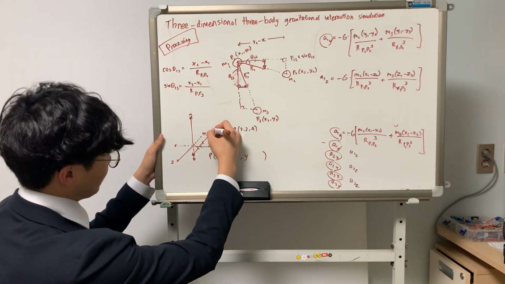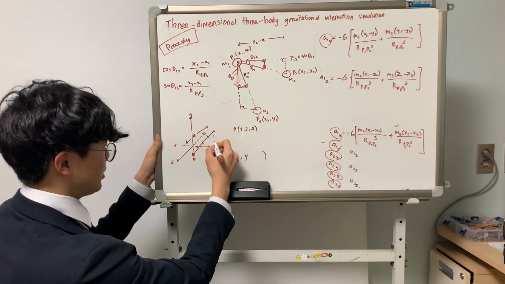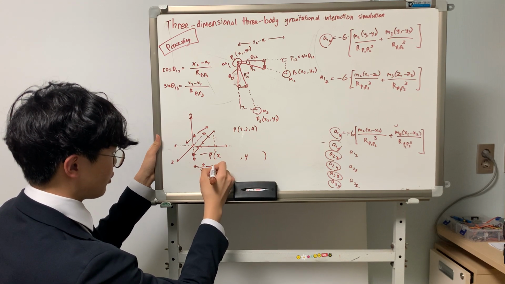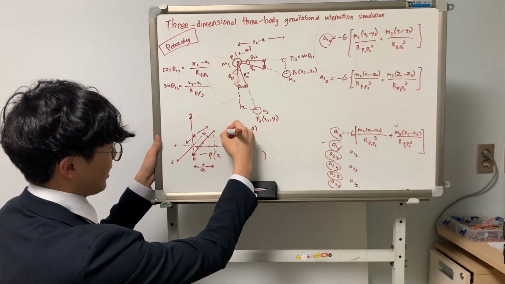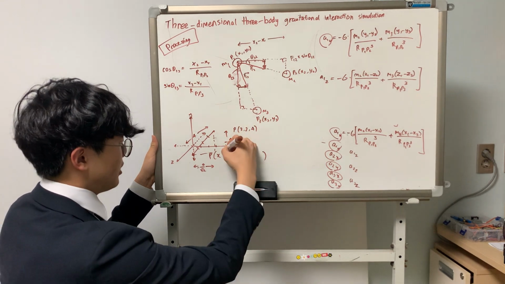We know that the length of this is 4. And so we know that we have gone minus 4 over root 2 in the z direction, and again minus 4 over root 2 in the y direction.